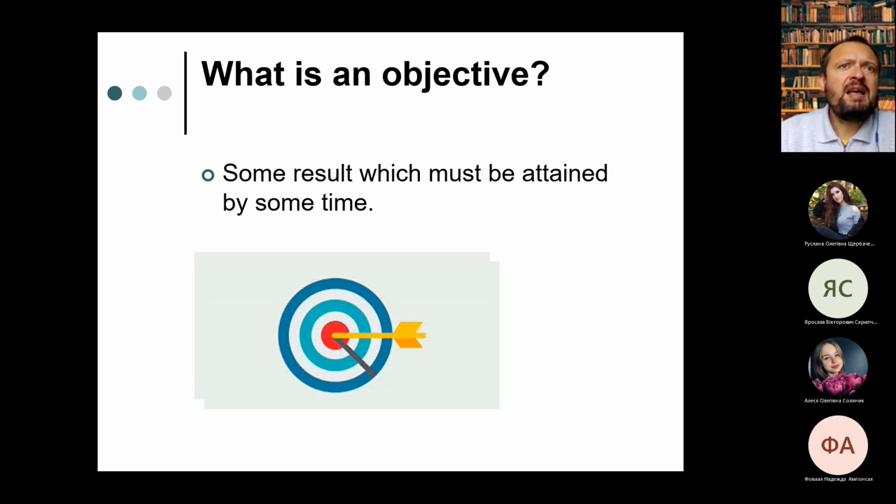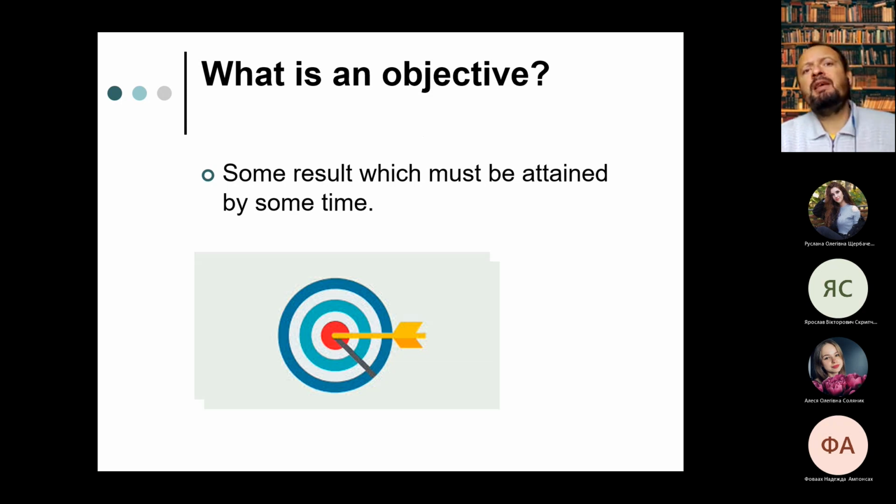Actually, sometimes it could be not only a result, but also some state of the system. It means, for example, it could be an objective to enter a new market. But in this case, it is not a quantitative but a qualitative result.